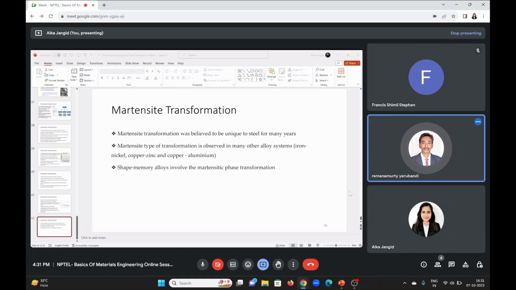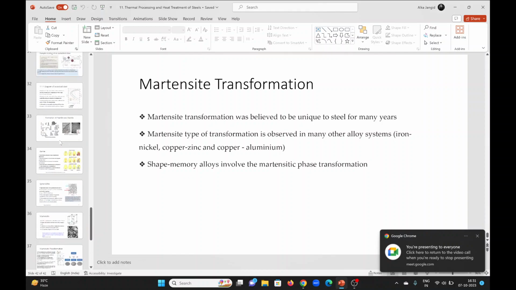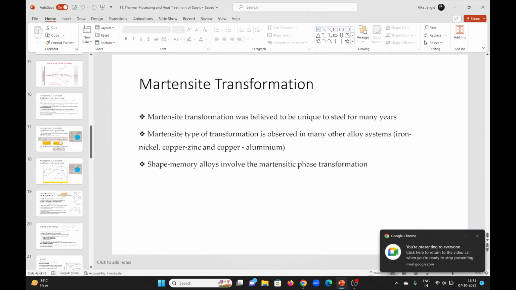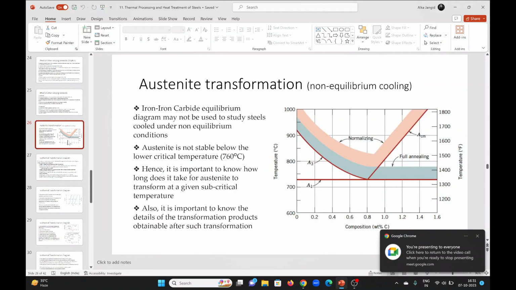That means while applying the Gibbs phase rule to find the number of phases, at this location we have to take pearlite as two phases. Is that correct? For the Gibbs phase rule, I need to check whether you consider it as two. Let me check. Oh, yes, I got it.